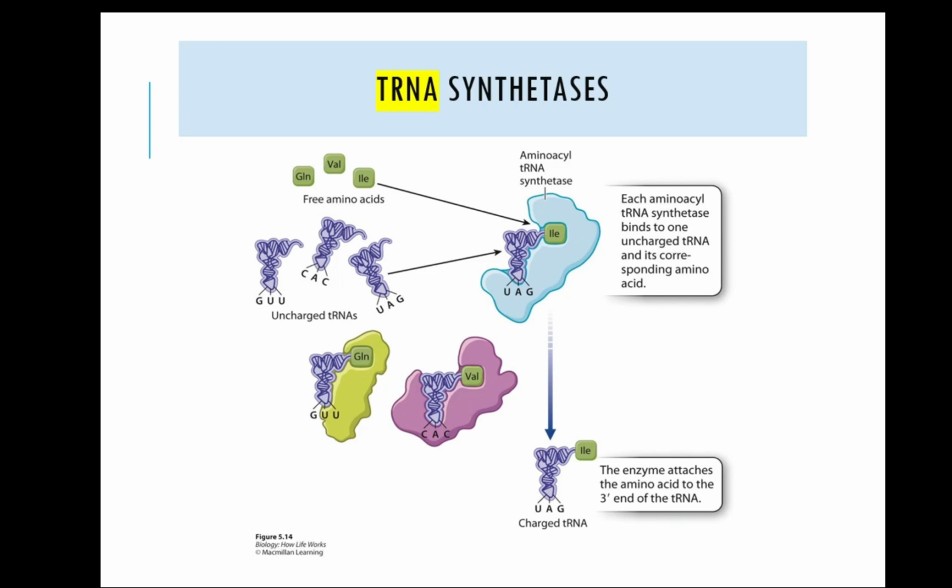This is a really nice figure because it shows you the aminoacyl tRNA synthetase in blue. And you can see how the transfer RNA in purple and the amino acid in green are bound in that active site. This is the 3' end of the transfer RNA. This is the amino acid isoleucine.